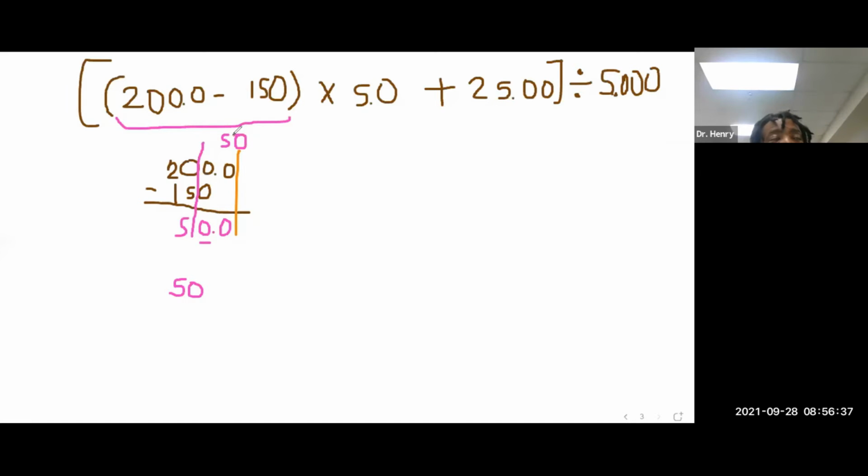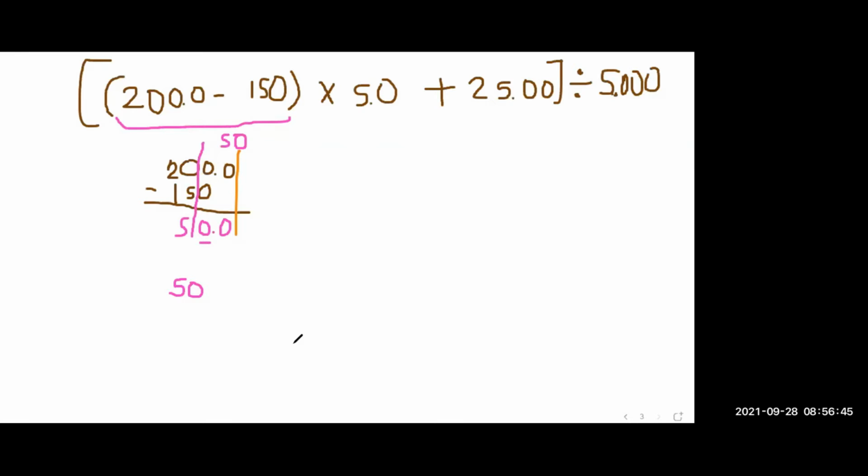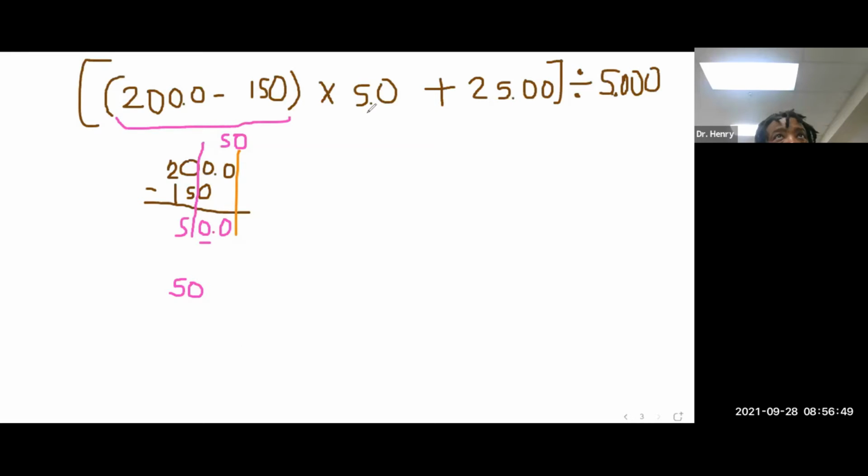So what would be the next order of operation that I would do? My choices are multiplication or addition. I multiply, okay? So 50 times 5.0, that's going to be what?